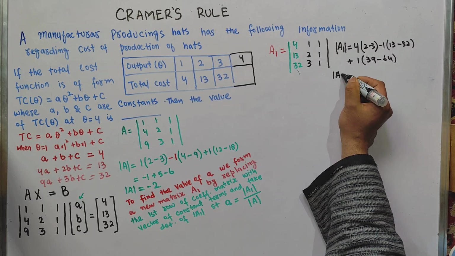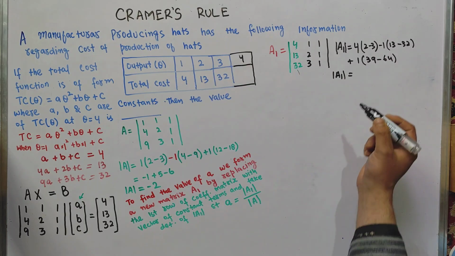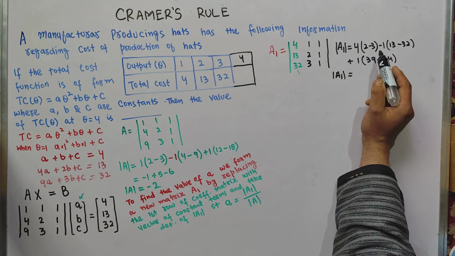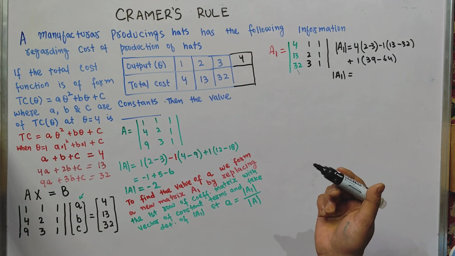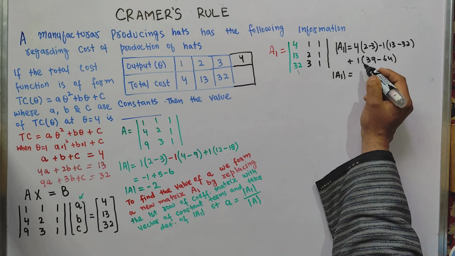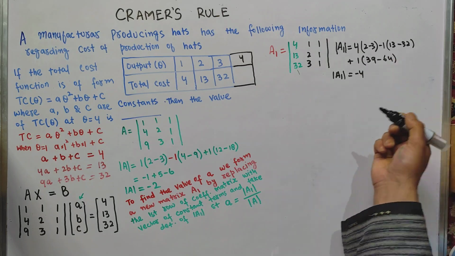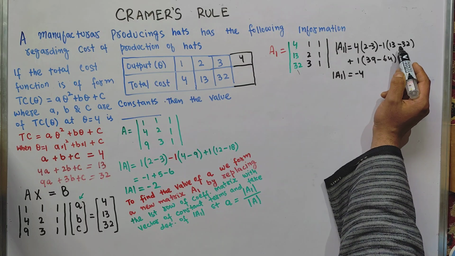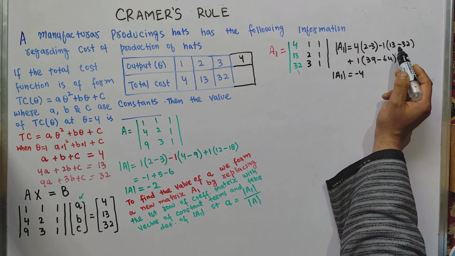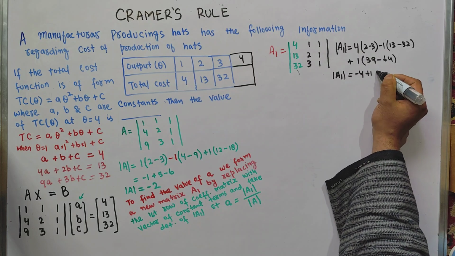Solving this, 2 minus 3 comes out to be minus 1, so we are left with minus 4. Here 13 minus 32 is minus 19, minus into minus is plus 19.